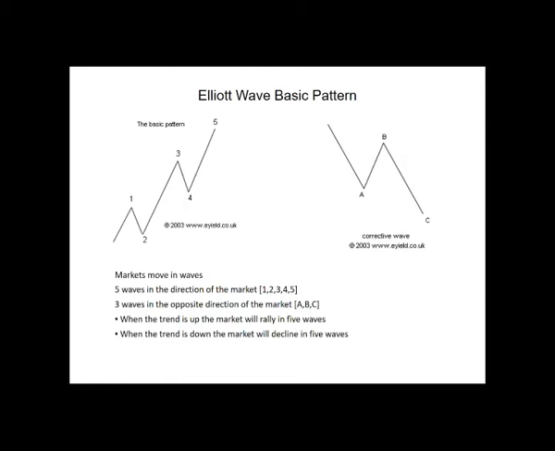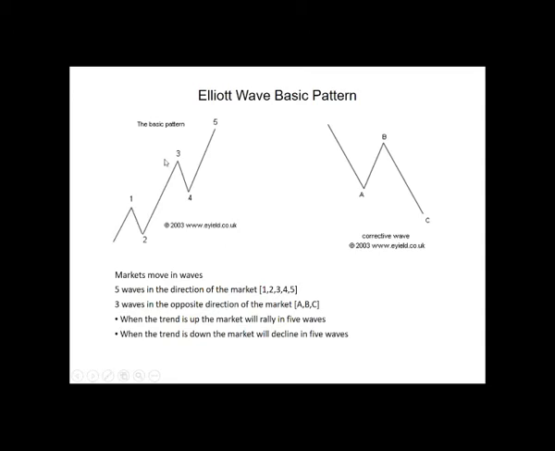But first I'm going to show you the basic Elliott Wave pattern. And that pattern is in 5 waves. So what I mean by 5 waves, when the market moves up, like say for example in a bull market, rallies will be in 5 waves.